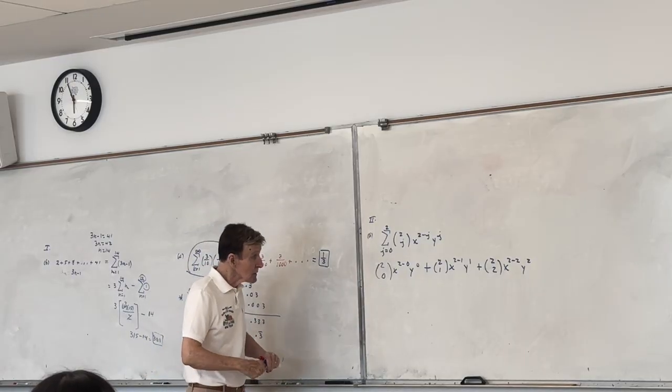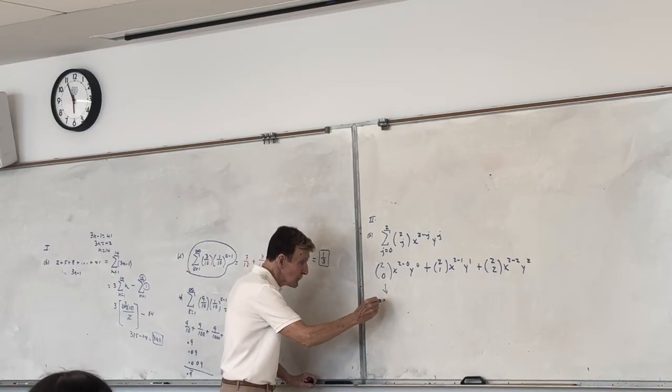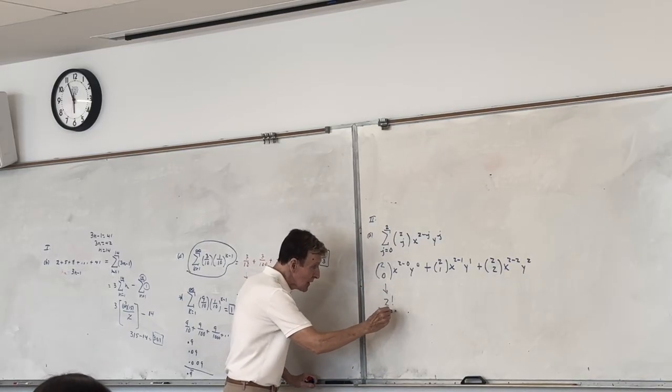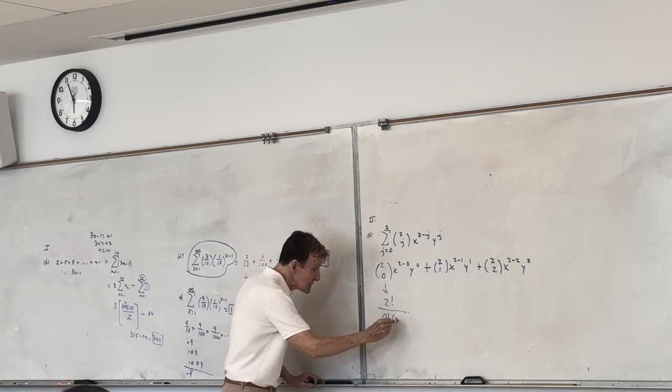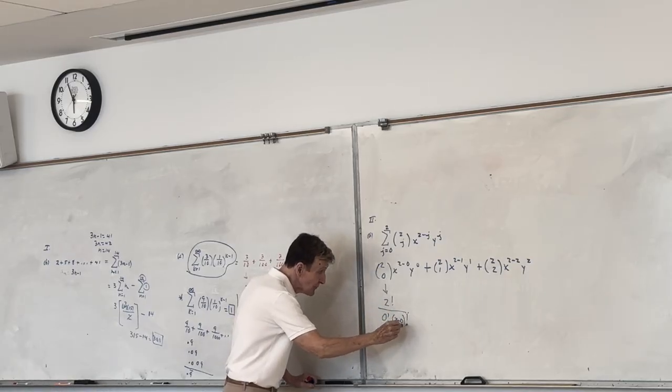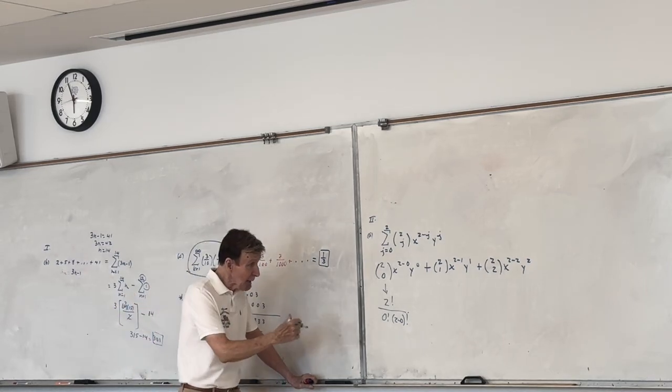So, guys, here goes. 2 choose 0. We'll use the formula: 2 factorial over 0 factorial times 2 minus 0 factorial. That's n factorial over j factorial times n minus j factorial that we saw before the break. I'll come back to it.